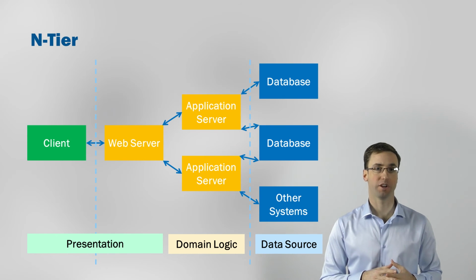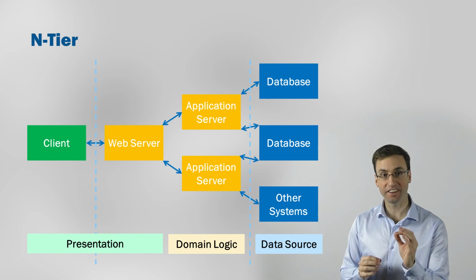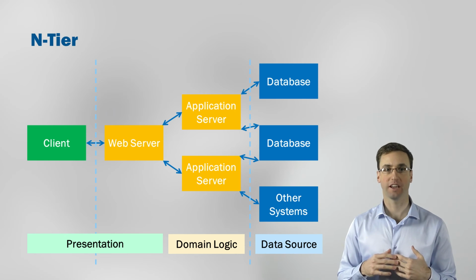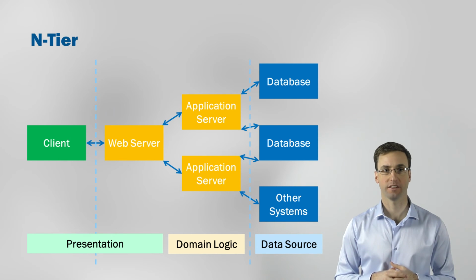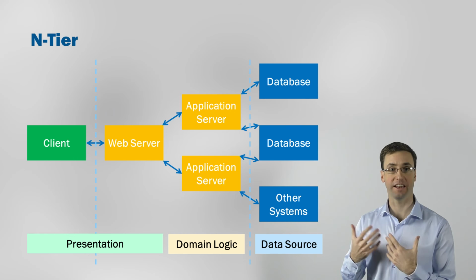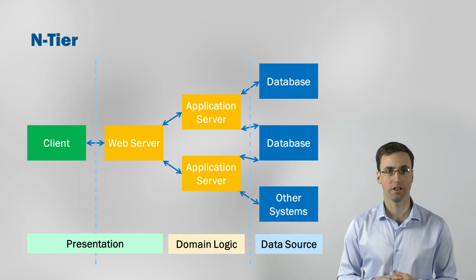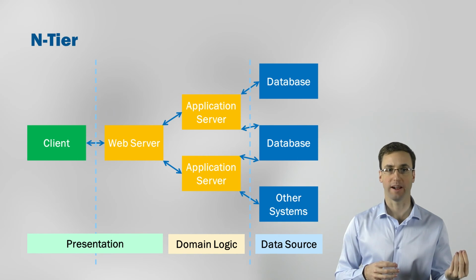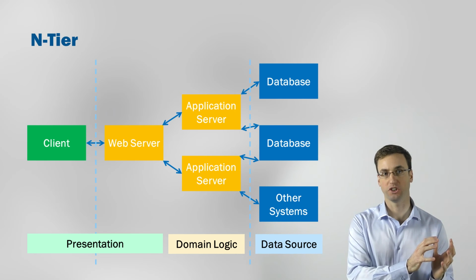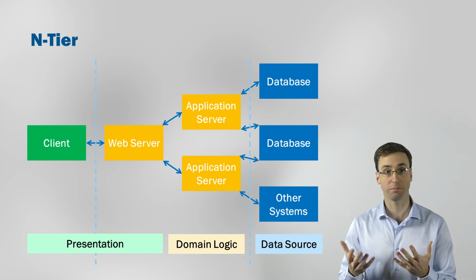We can of course keep going. An N-tier architecture refers to an architecture with more than 3 layers. This diagram depicts a simple N-tier web application. Because the client is a web browser, we need some of that presentation logic to be run on the server, the web server.